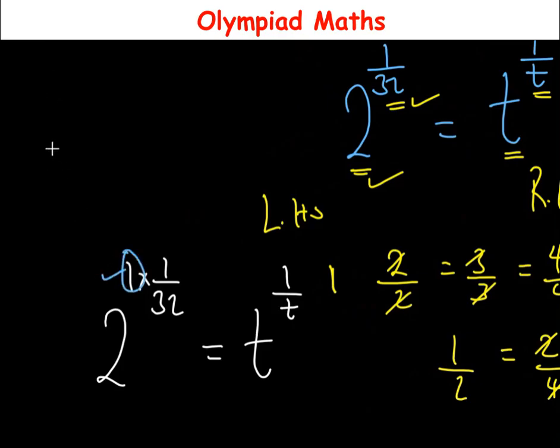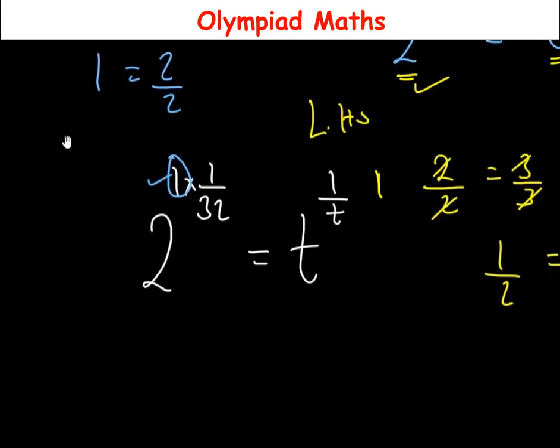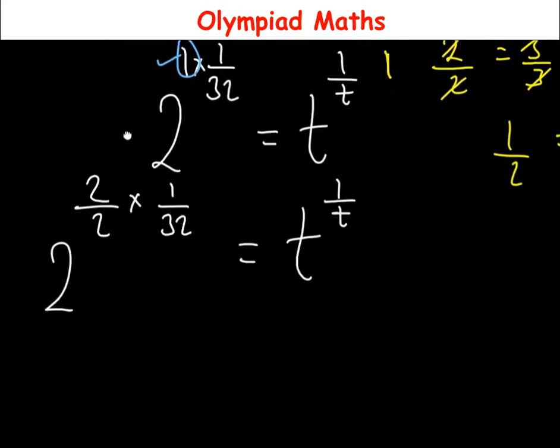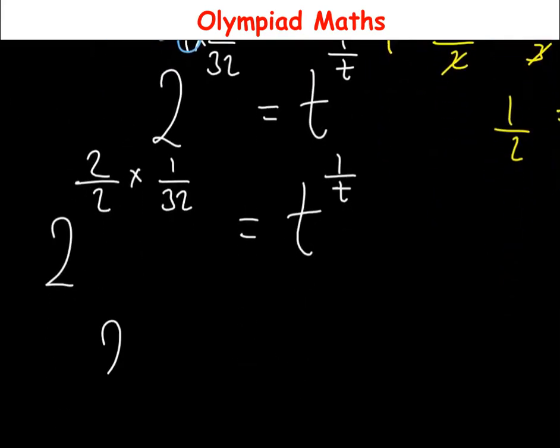We can replace power 1 with 2 over 2, such that this is then equal to 2 raised to power 2 over 2, then times 1 over 32 is equal to t raised to power 1 over t. And from here, multiplying the powers, 2 raised to power 2 times 1 is 2 over 2 times 32 is equal to 64, and this is equal to t raised to power 1 over t.